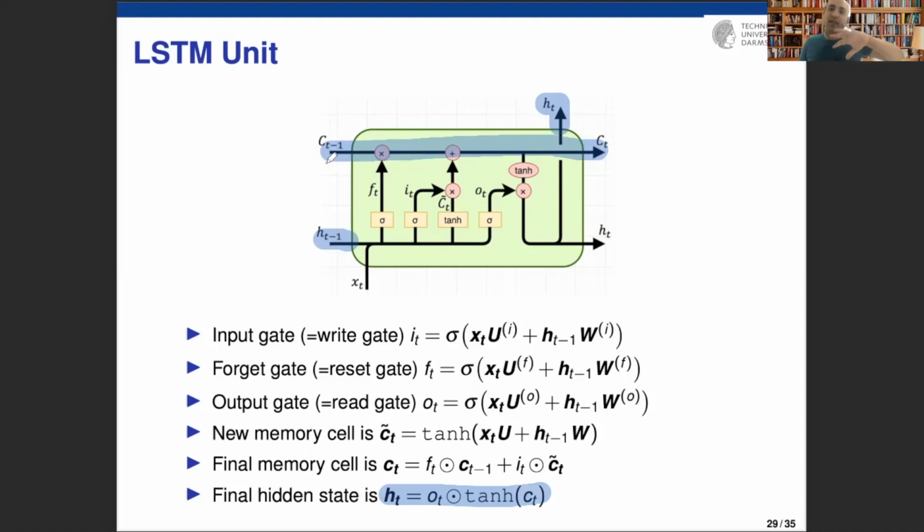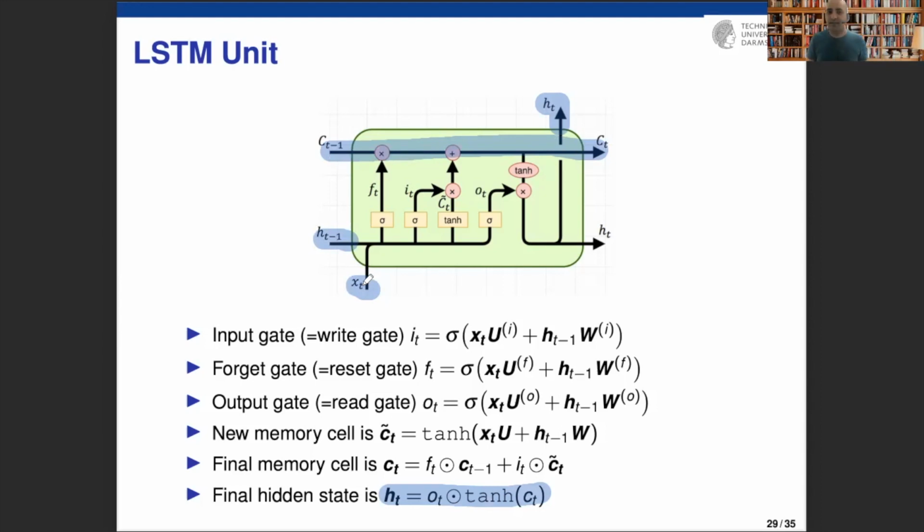So for computing the value of each step, we rely on three inputs: the value of the input token xt, the value of the hidden state in the previous step, ht minus 1, and the value of the context in the previous step, ct minus 1.